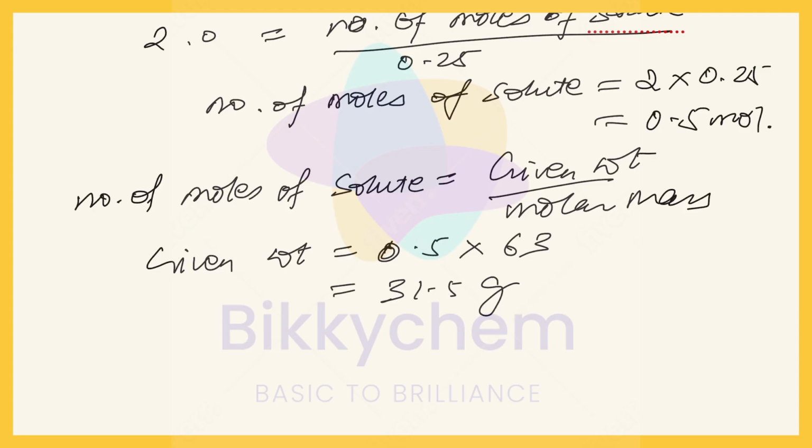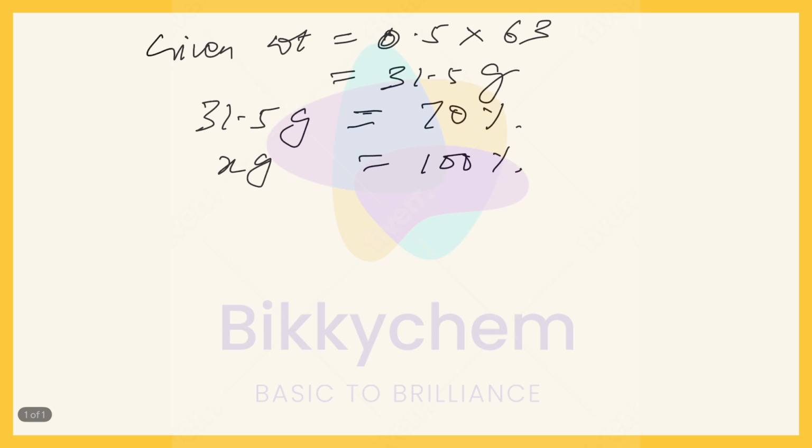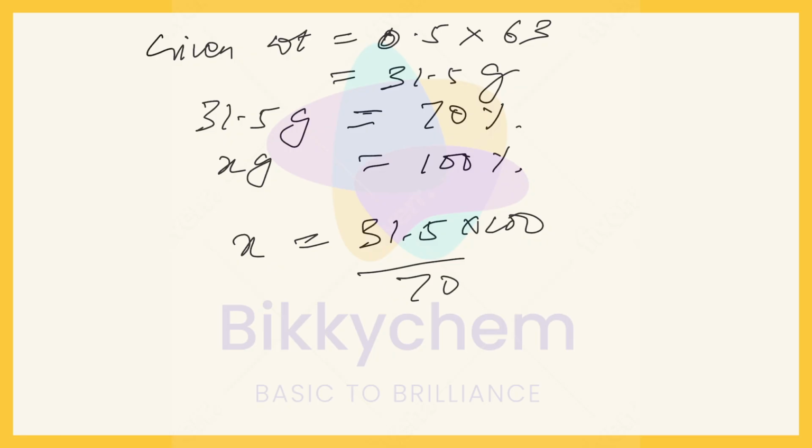But this 31.5 gram has a purity of 70% only. So what about 100% purity? Let's say x gram. So x is equal to 31.5 into 100 divided by 70.